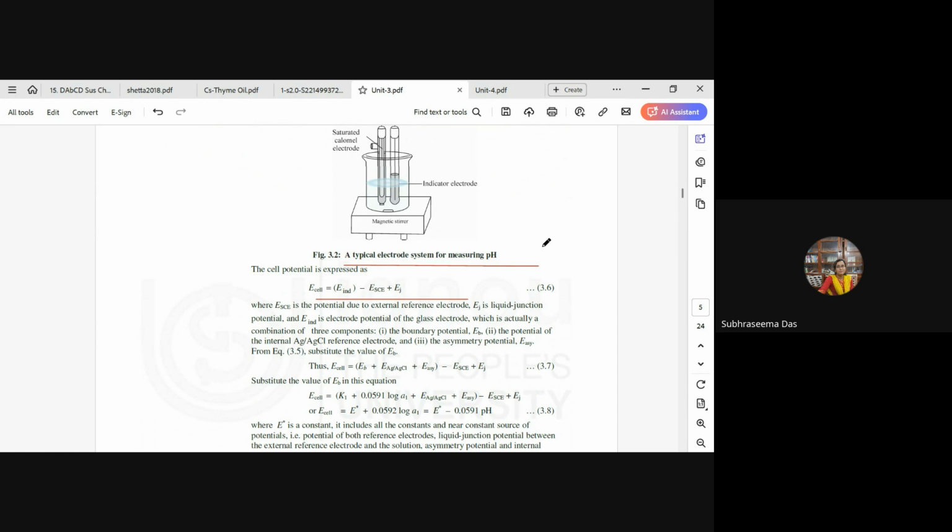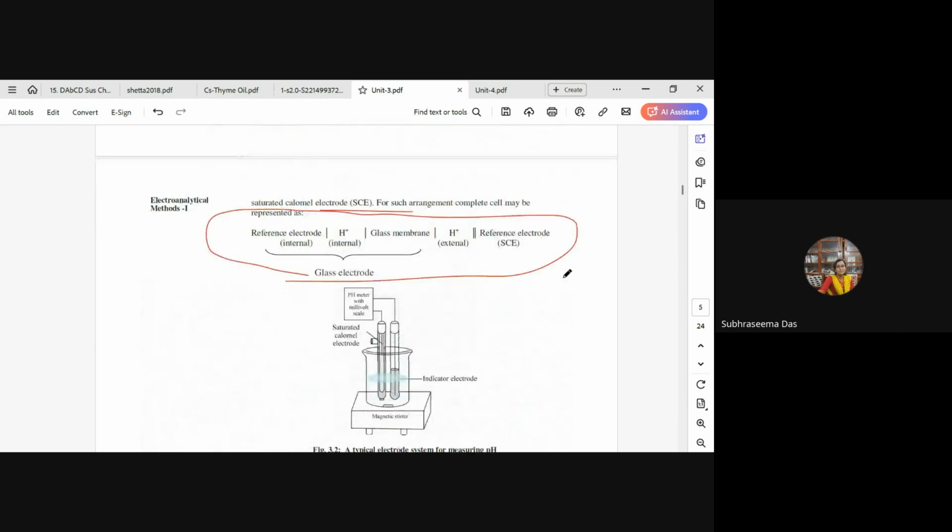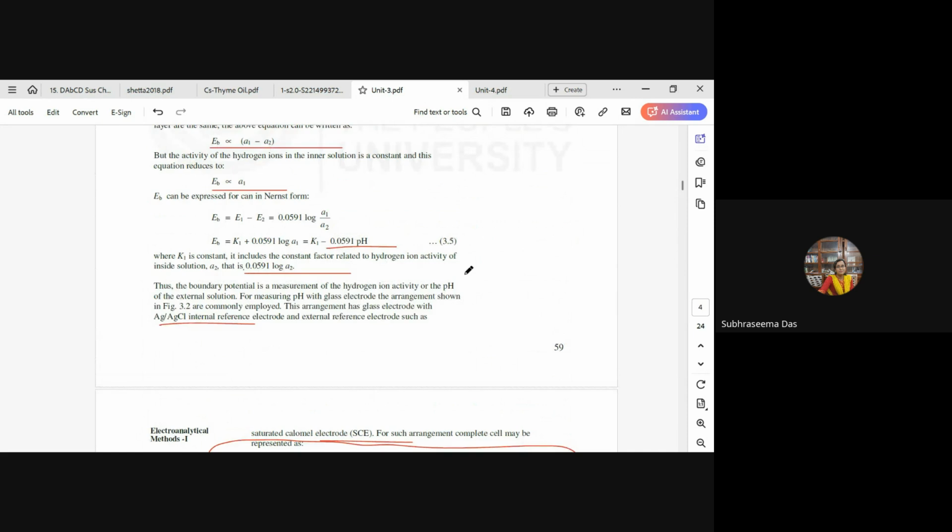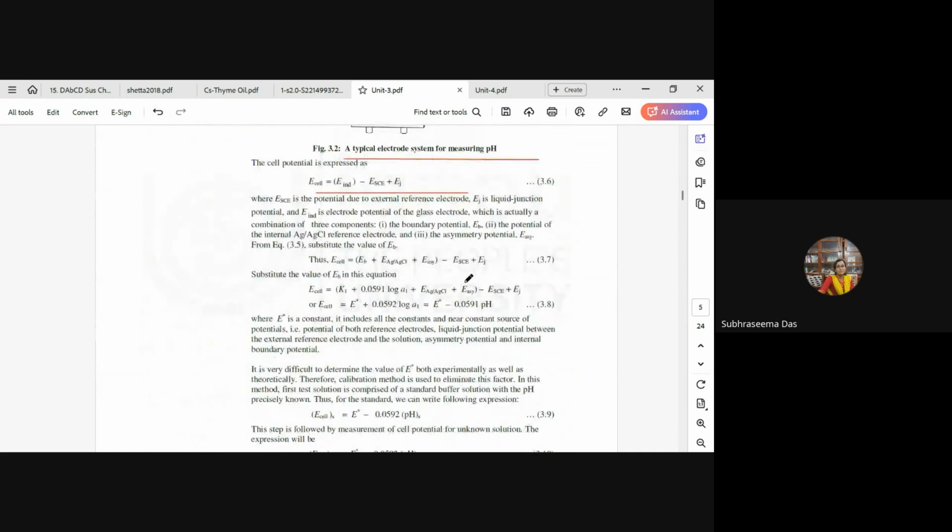So it is a combination of three factors: the indicator electrode, the boundary potential, and the asymmetric potential. Substituting the boundary potential in terms of the Nernst equation and all the values, we can write the cell potential as E star minus 0.0591 into pH.